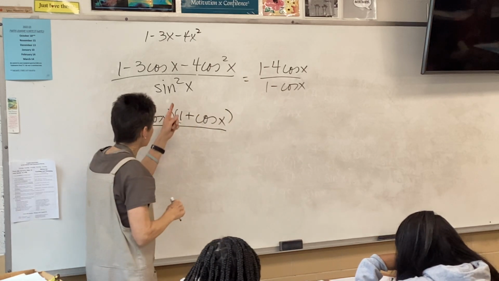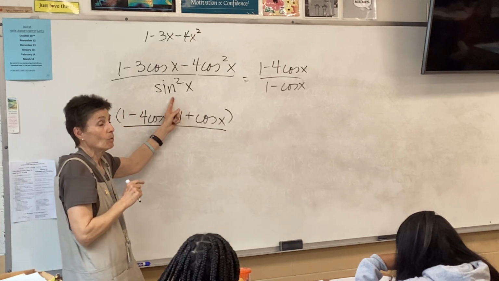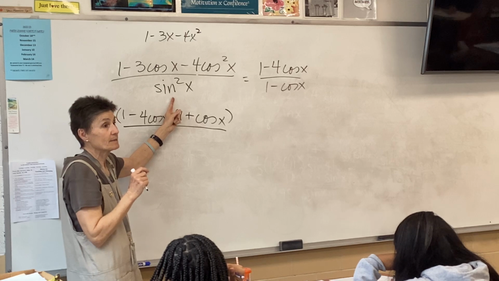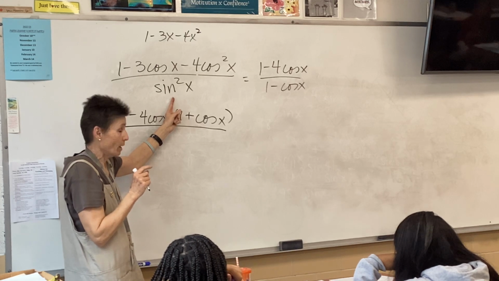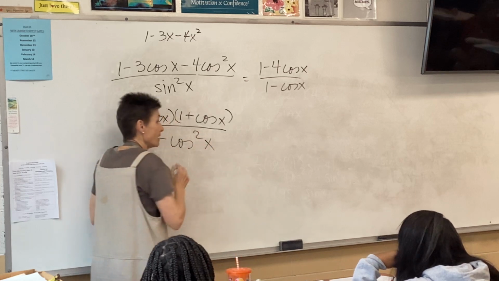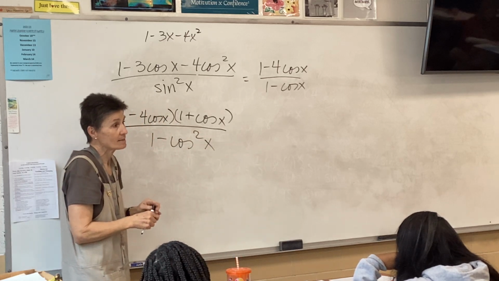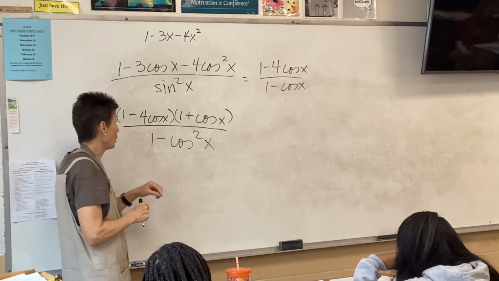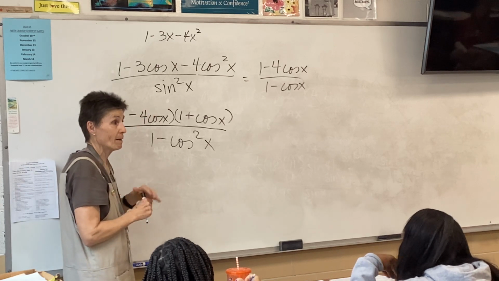Now, luckily, that's a sine squared. What do I know about sine squared? 1 minus cosine squared. Exactly. Because of that identity that says sine squared plus cosine squared is 1, we know that sine squared is 1 minus cosine squared.